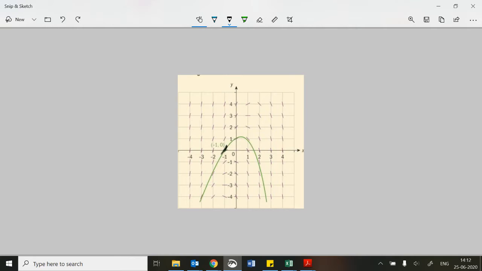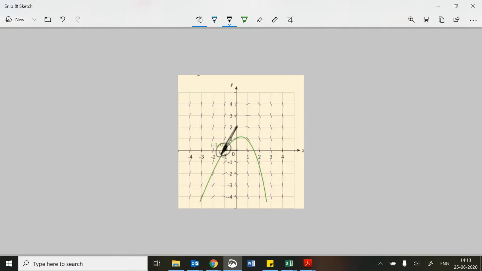So for example, for this one, we know that (1, 0) is on our line, and this is our slope field. They gave us the differential equation in the question. Then what you could do is get to the next point by going 1 across and using this gradient, which maybe is 2, which takes me up to here.